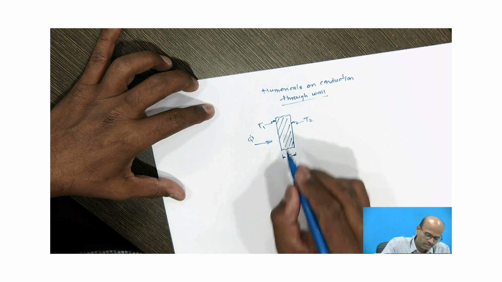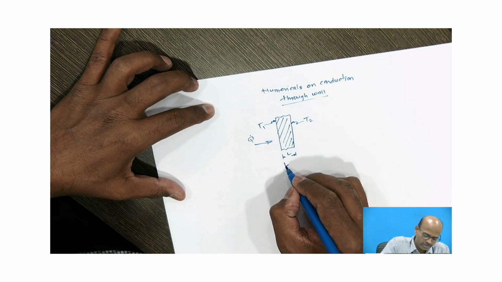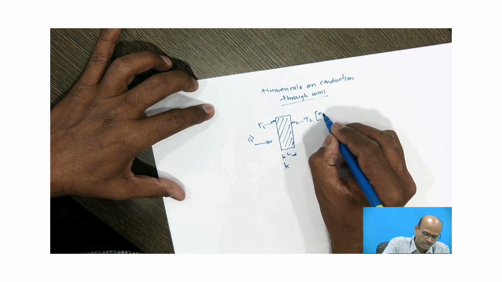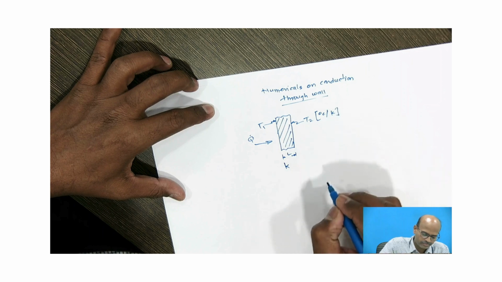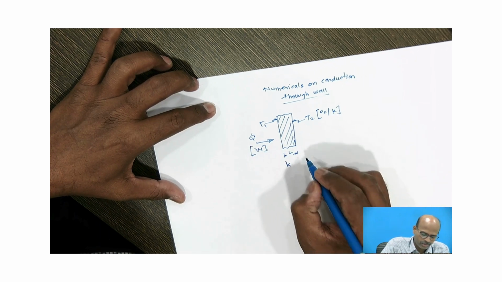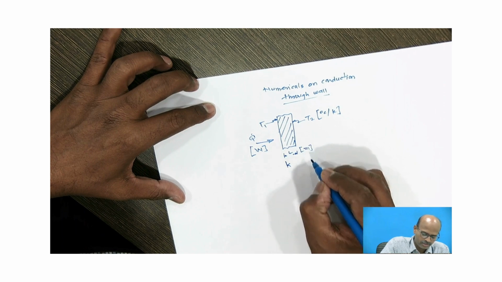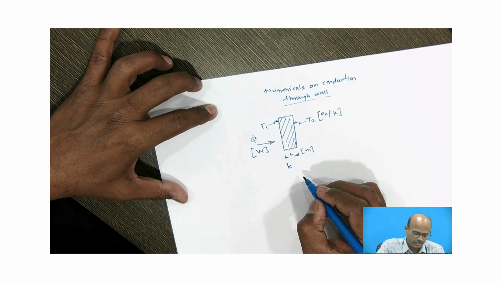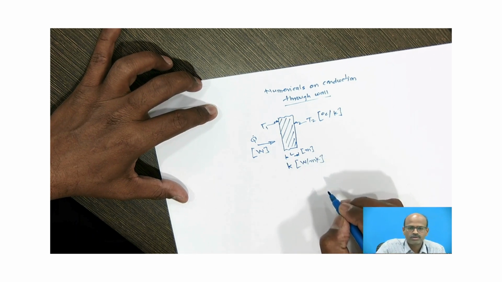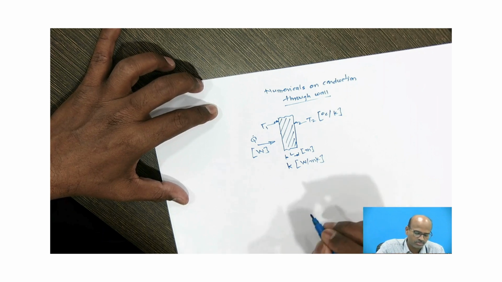The thermal conductivity of this wall will be represented by k. The unit of temperature is either degree Celsius or Kelvin. The heat transfer rate is in watt, length is in meter, and thermal conductivity is watt per meter Kelvin. Already we have seen all these notations.